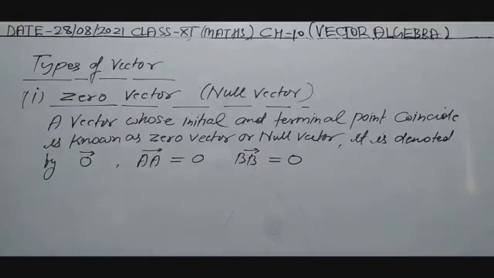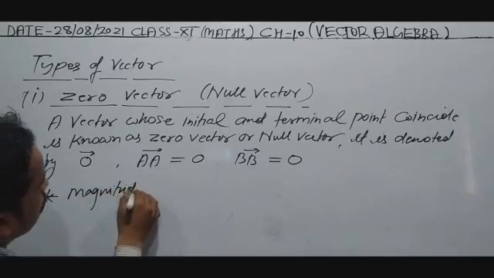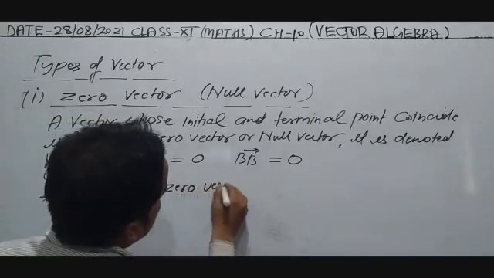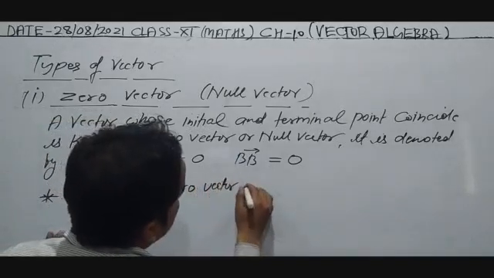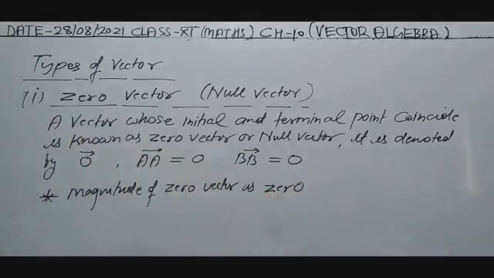And you know, the magnitude of zero vector is 0. Note point: magnitude of zero vector is 0.